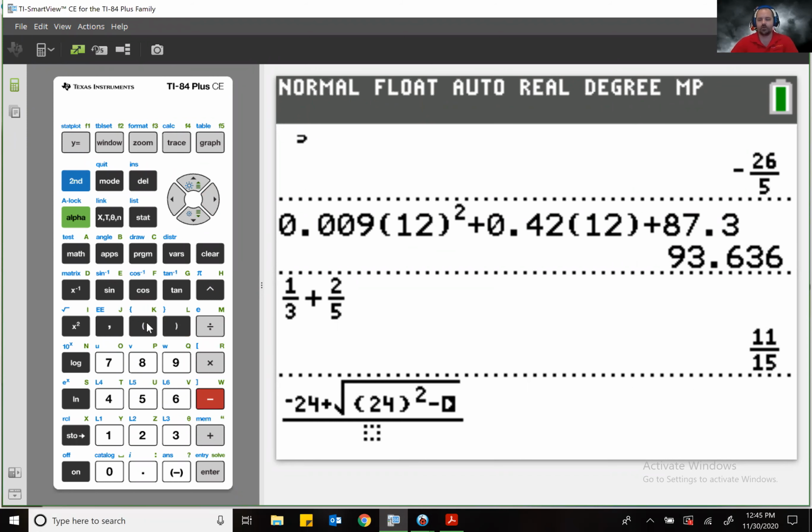Minus 4 parenthesis our A, which is negative 16, close it. Our C, which is 1,900. All of this over 2 times our A, which is negative 16. And I put 22, and I need to fix that.